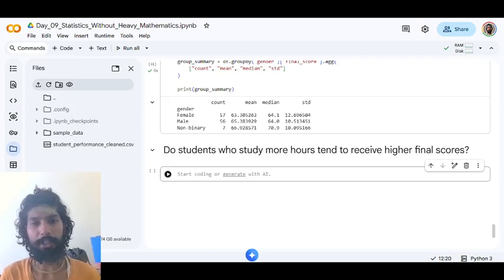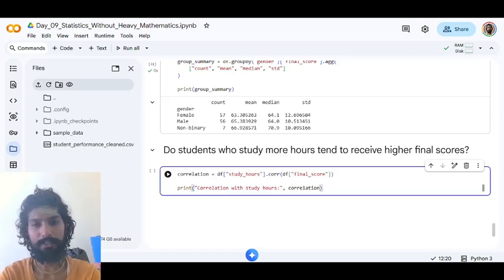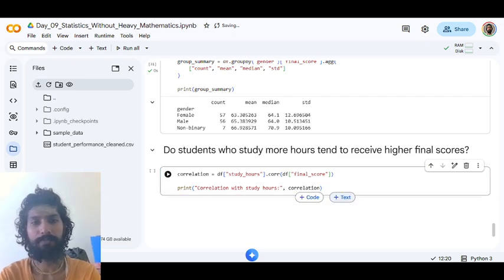Let us calculate the correlation. Correlation equals df study hours dot corr for df final score, and then we print the correlation.